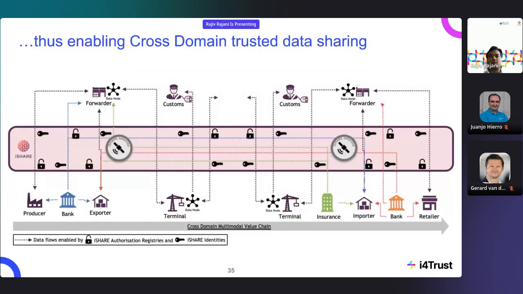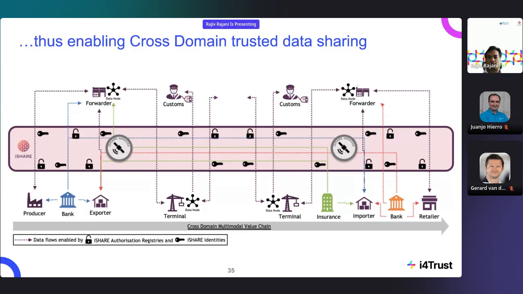Yeah. So with that, we enable cross-domain trusted data sharing, and here is just an example of a multimodal value chain, which you can imagine can be made possible easily with the use of iShare and FIWARE open source components, of course, under the i4Trust.